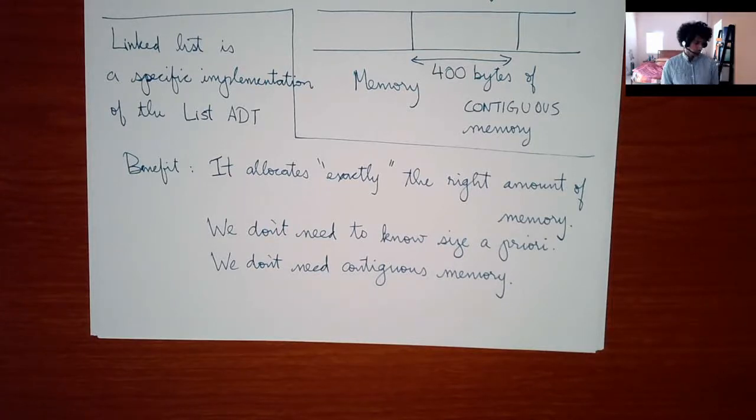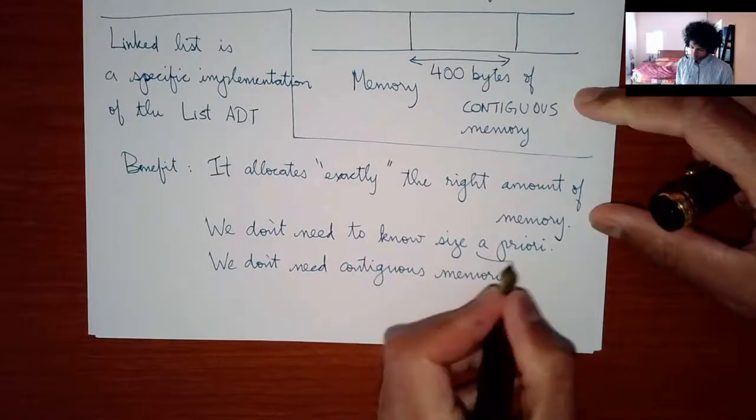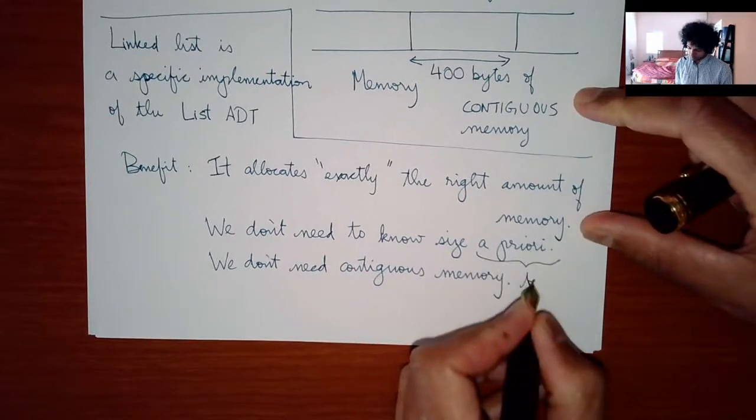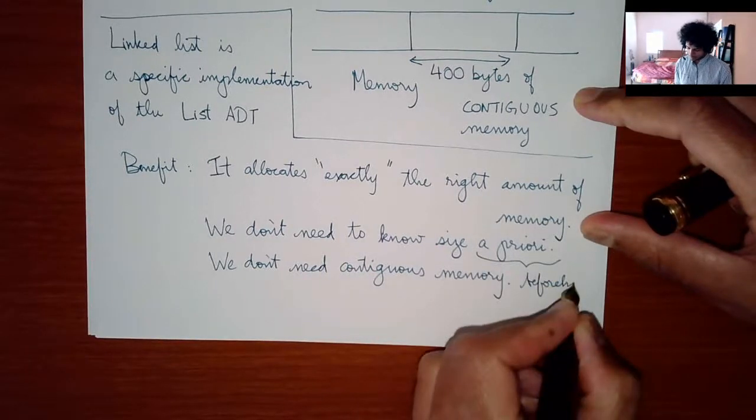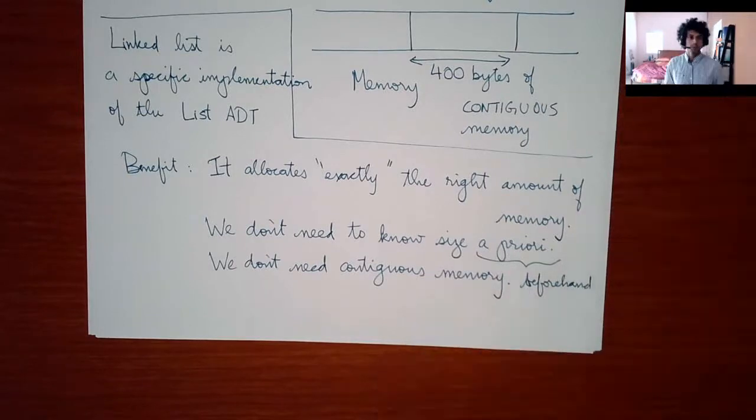Okay? Question? Yes. But what did I say? We don't need to know size a priori? I'm sorry, it's a priori. A priori basically just means you don't need to know the size beforehand. Okay. If you learn nothing else from today's lecture, at least you learned a little bit of Latin, right?